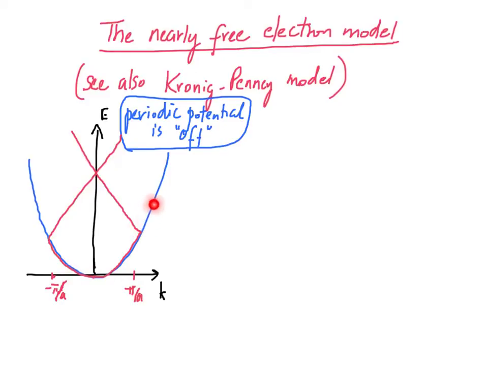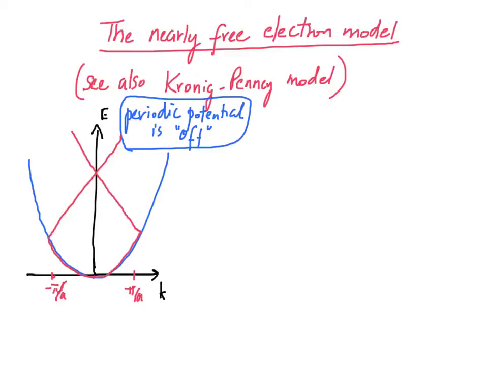But the other pieces of the parabola, for example, this piece over here can be translated to the left by 2 pi over a, and this piece becomes this piece now because it has been translated. Likewise, this piece has been translated to the right by 2 pi over a, and that becomes this, and so forth. So the red line that you see over here is really the zone folded parabola, the zone folded energy versus k dependence of our free electron.